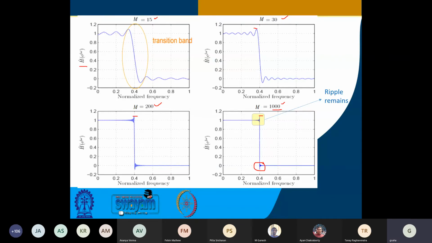Good question. Your friend just has asked, how does this ripple affect the signal? Requesting a response from whoever you feel like.